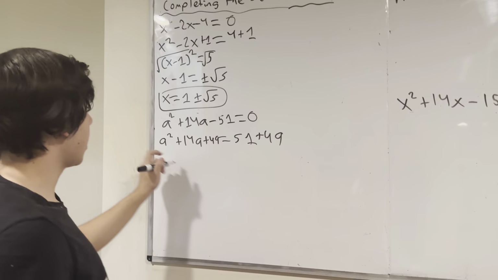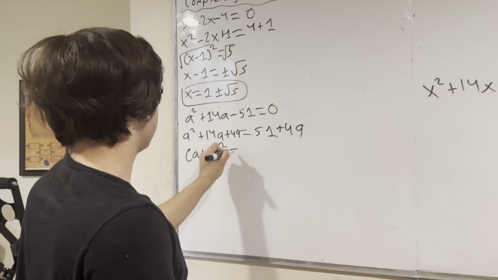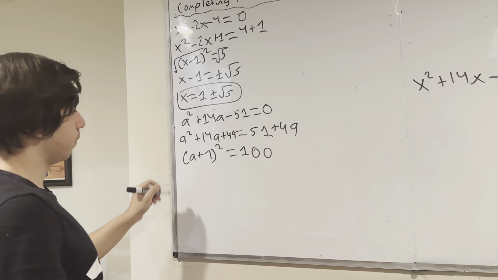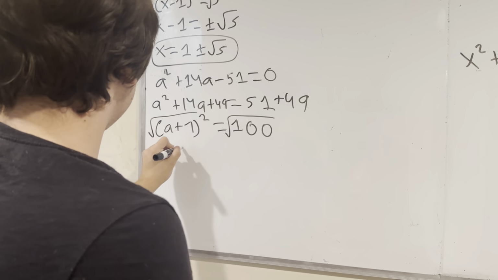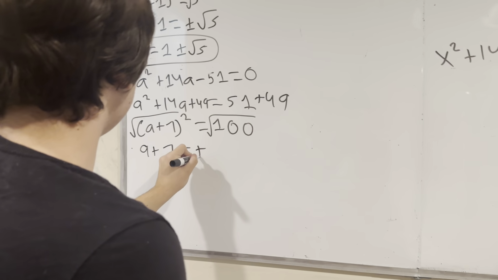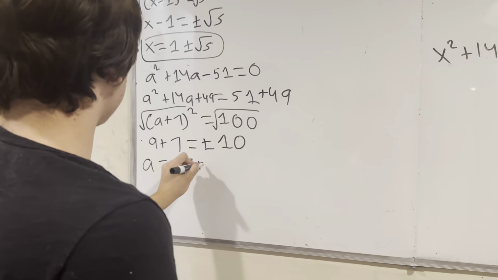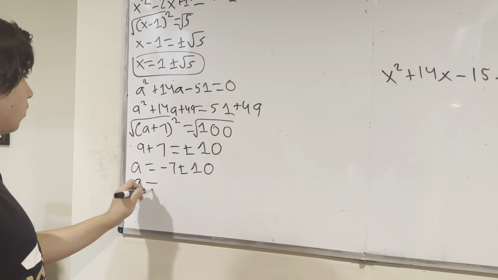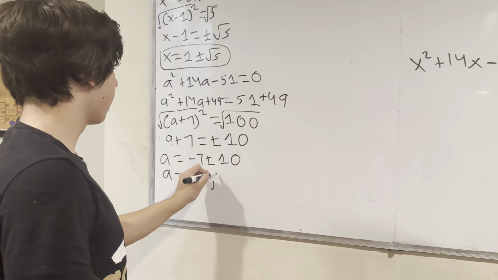This can factor as a plus 7 squared. That's equal to 100. Take the square root of both sides. I get that a plus 7 is plus or minus 10. So a is equal to negative 7 plus or minus 10. So a will equal negative 17 or 3.